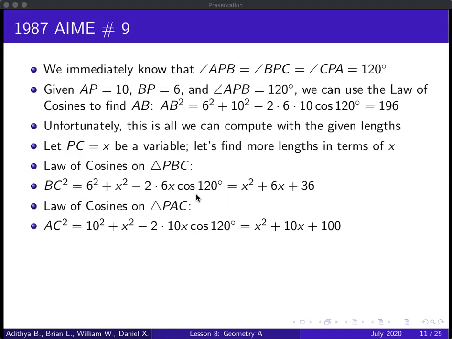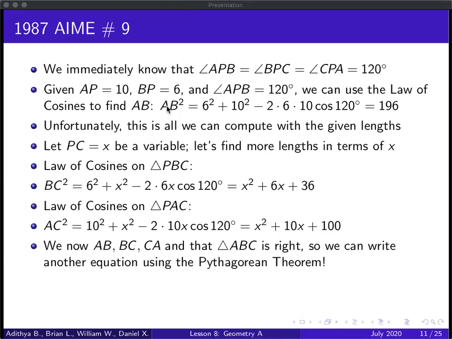And since we were given that angle B is a right angle, we know that AB squared plus BC squared is equal to AC squared. And we already have all of the values in this, so we can just substitute.